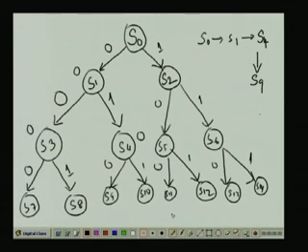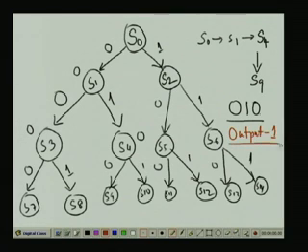So the string identified is 0 1 0, and our problem tells that if this pattern 0 1 0 is reached in the input line, then my output will be 1. If 0 1 0 is identified, then output will be 1. Remaining cases output will be 0. So here this is 0 1 0, this is my 1 output.